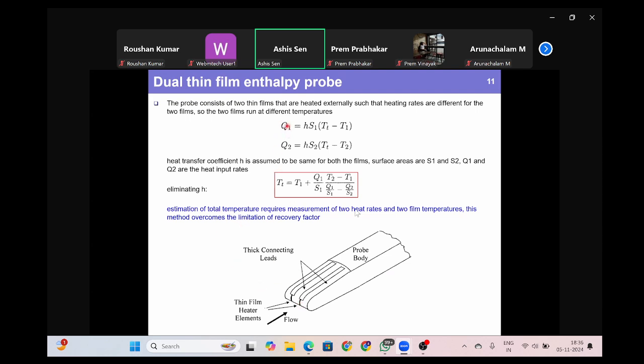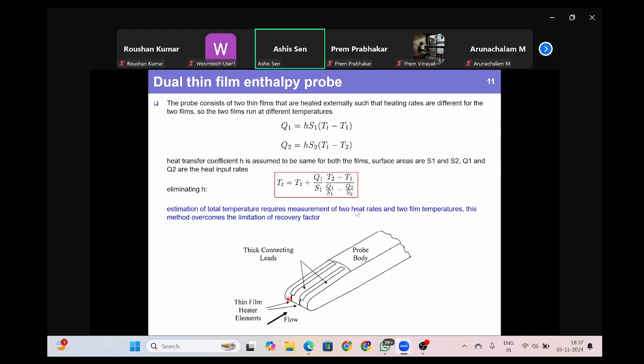So the first thin film heater eventually gets a temperature which is T1, and the temperature of the second thin film heater is T2. Now, when you have flow, the entire kinetic energy of the flow, the enthalpy of the flow, is converted into thermal energy.